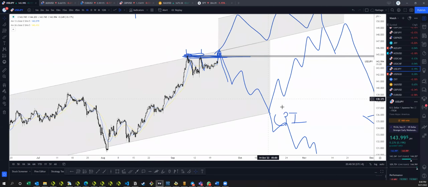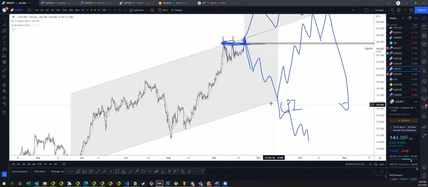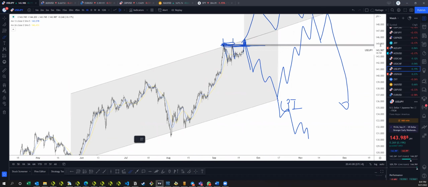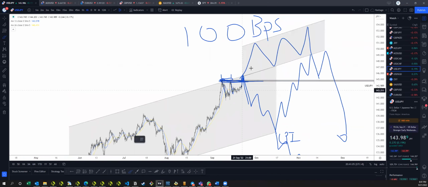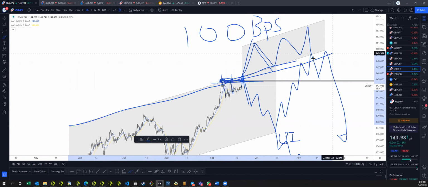So I think if you are bullish on dollar yen, this might not be the best time to buy. Even if you're aggressive, you will wait for the push up to the top, and then retest this. This upper trend line will become the support right now. Before you retest, and then you buy again.